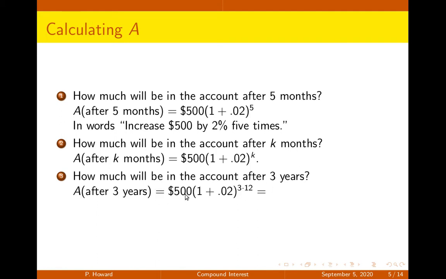So we want to increase the $500 by 2% 36 times. 500 times 1 plus 0.02 to the 36, which, when you do the calculations, is $1,019.94. So it's interesting to notice that at this high interest rate, in 3 years, your money is more than doubled.